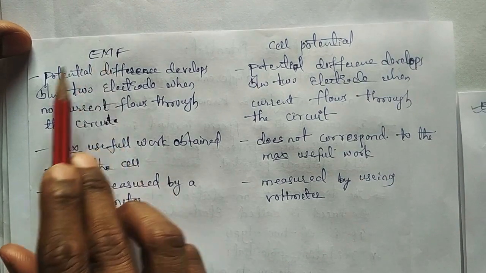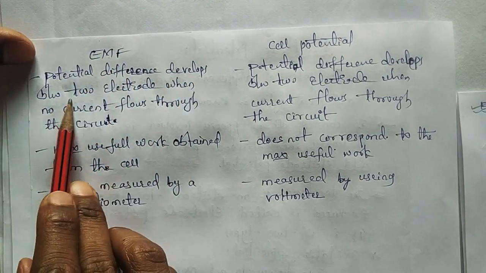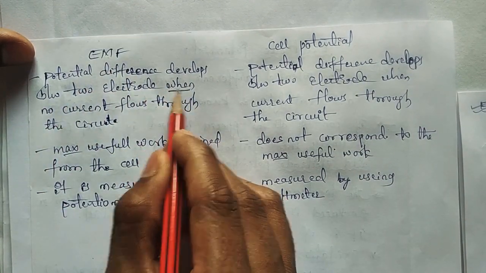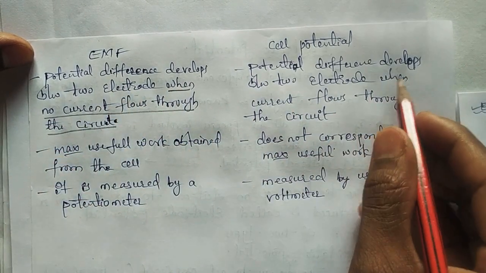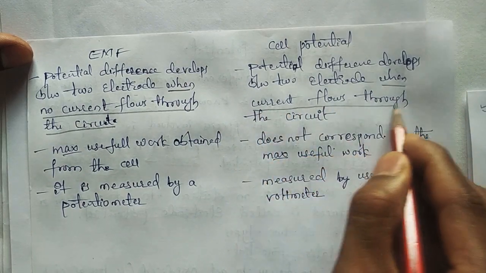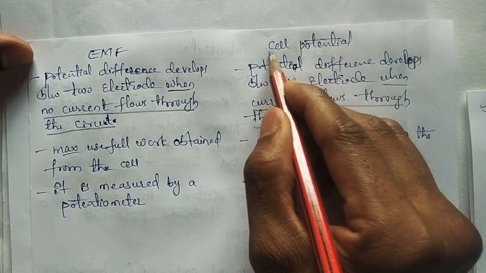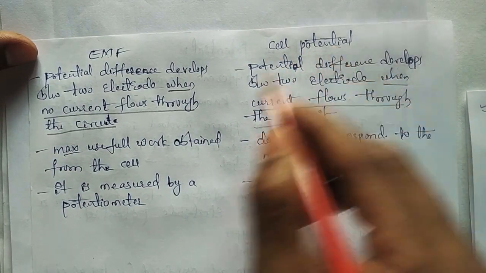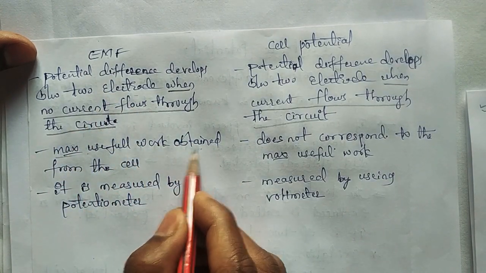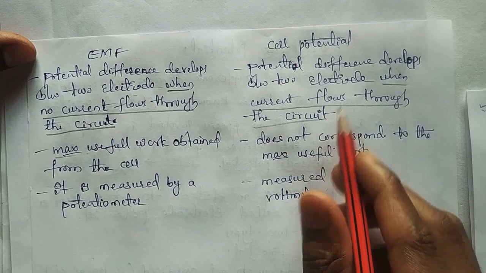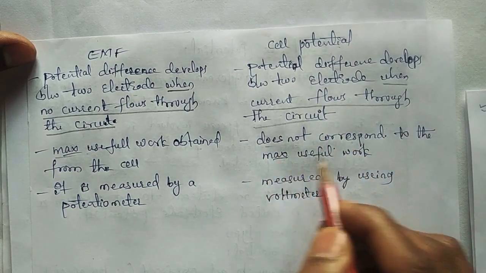What is meant by EMF? The potential difference that develops between two electrodes when no current flows through the circuit is called EMF. Whereas if current flows through the circuit, then we call it the cell potential of a cell. And this EMF represents the maximum useful work obtained from the cell, whereas this cell potential does not correspond to the maximum useful work.